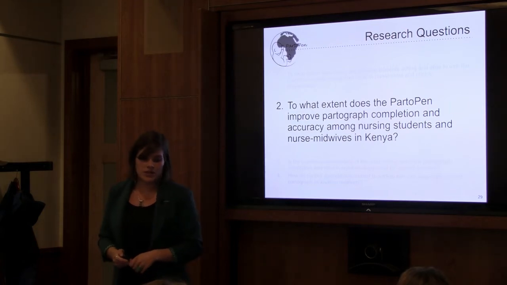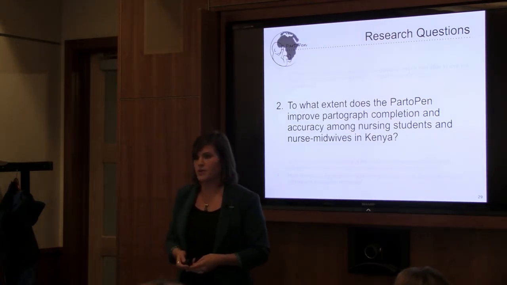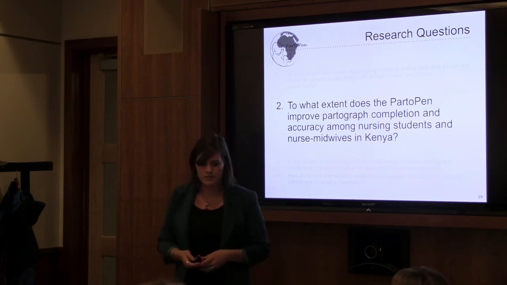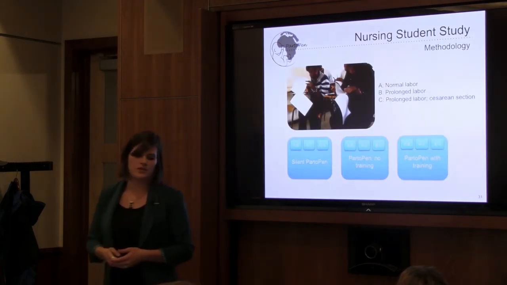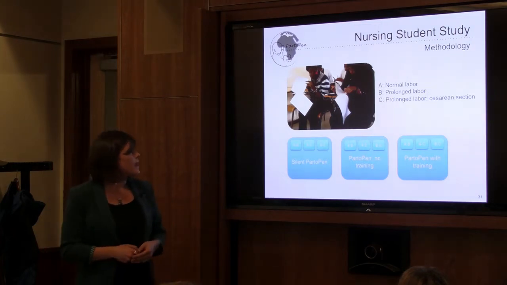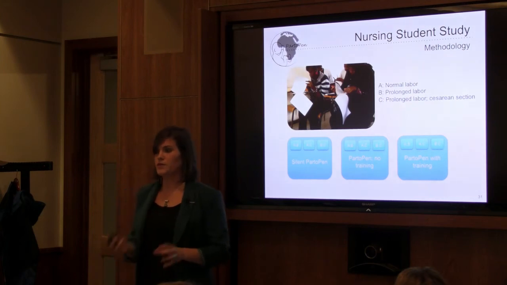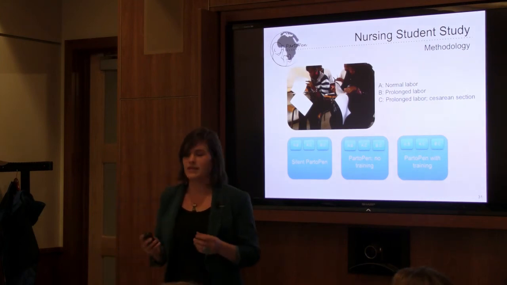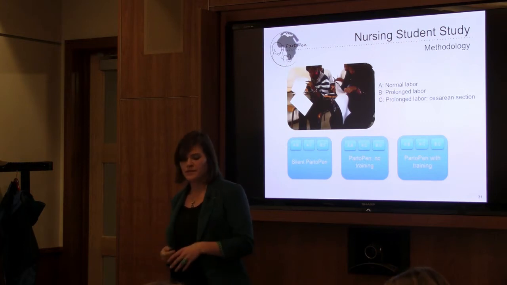So the second research question was explored through two studies, one at the University of Nairobi with nursing students, and the other at Kenyatta National Hospital with nurse midwives. The first study was with nursing students, like I said, at the University of Nairobi. The students were split into three groups. The first group received a silent PartoPen, so none of the functionality was present.